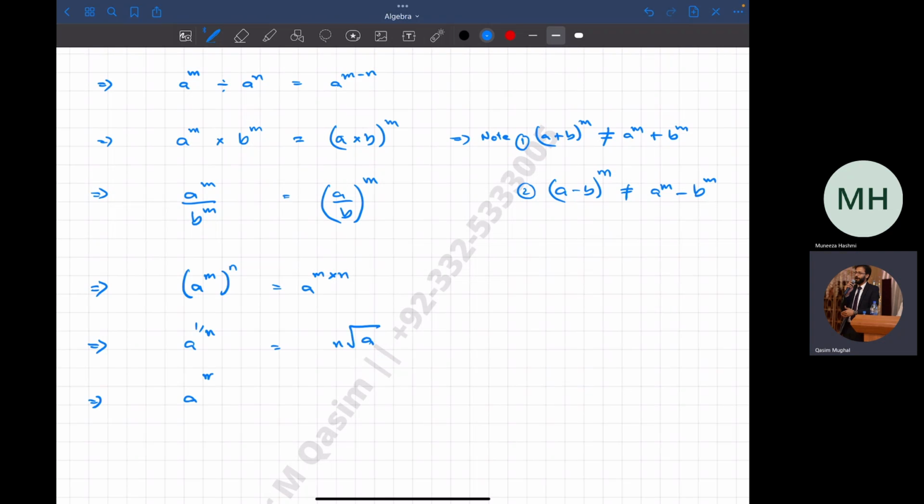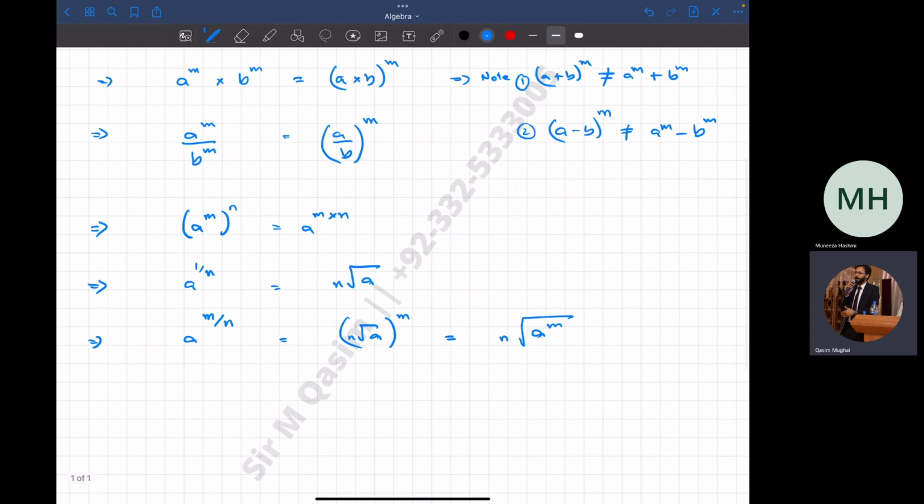A to the power m over n is same as nth root of a and then a whole power of m, or nth root of a to the power m. Both are exactly same thing. In one of them the power stays in, in the other one the power goes out as a whole power.